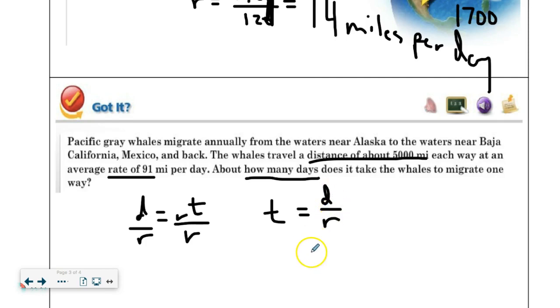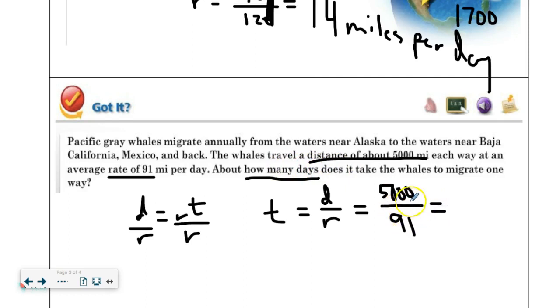Distance, I'm going to substitute in. 5,000. 91 miles per day is the rate. About how many days? So I'm going to assume it wants me to round to the nearest whole day.